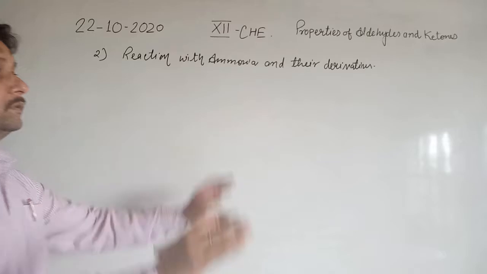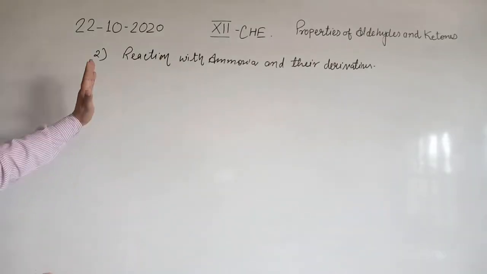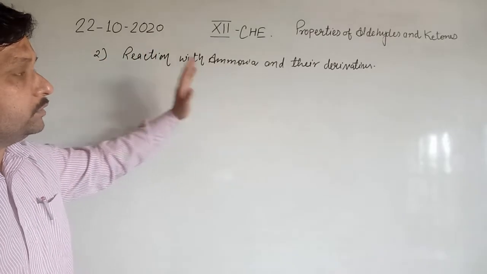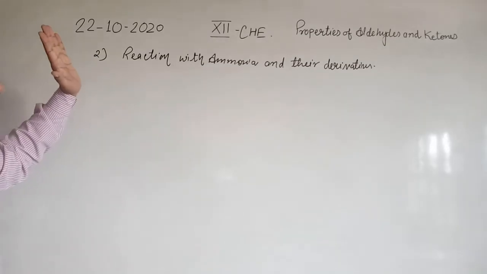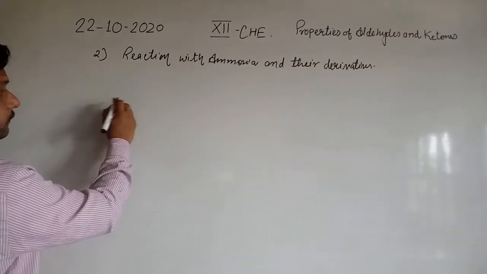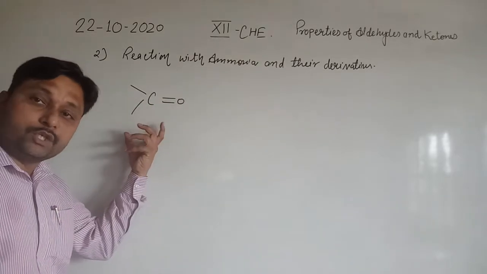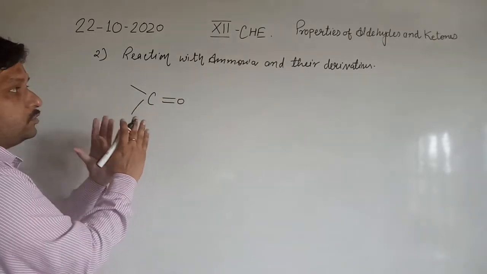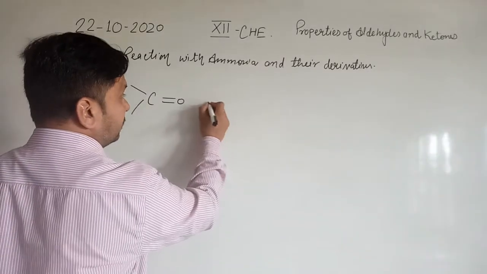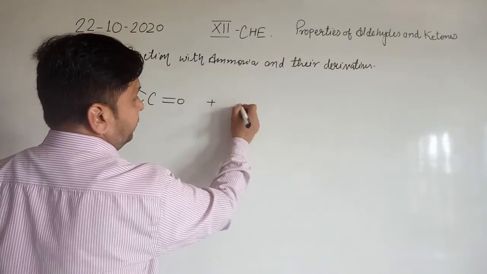So see here, first of all, what type of reactions are carried out in this reaction? Any carbonyl group, that may be an aldehyde or ketone, will react with ammonia and its derivatives.